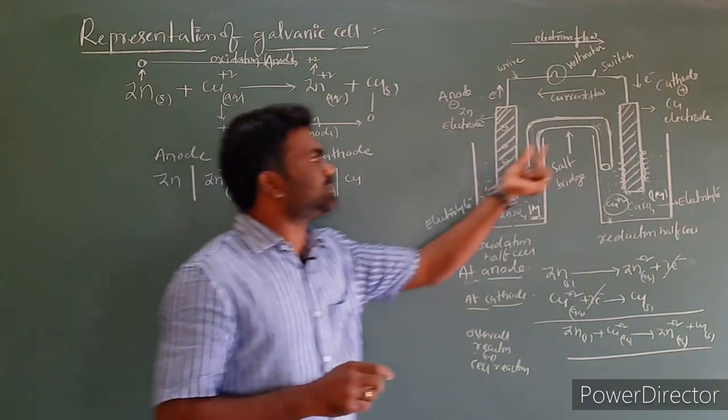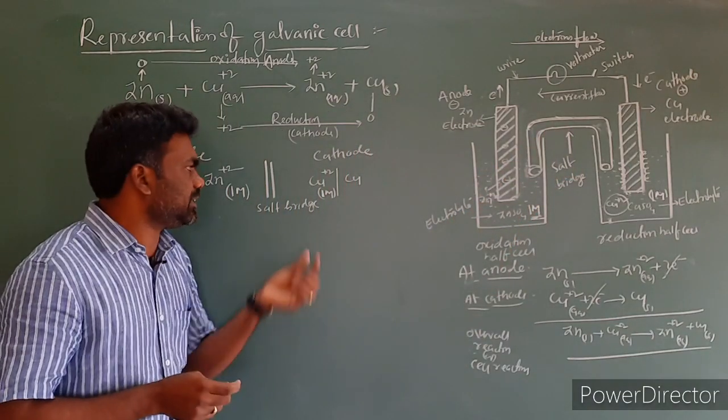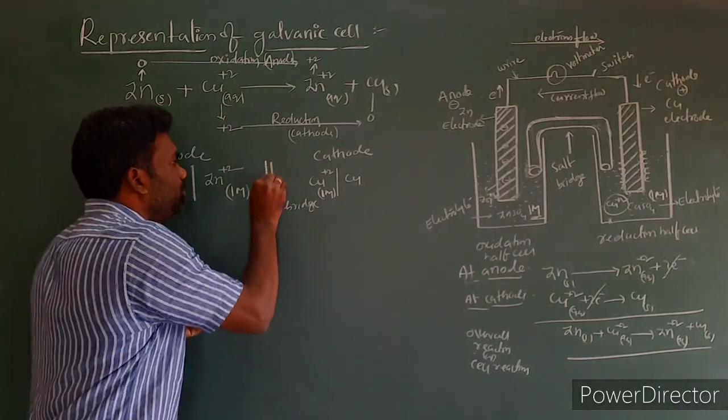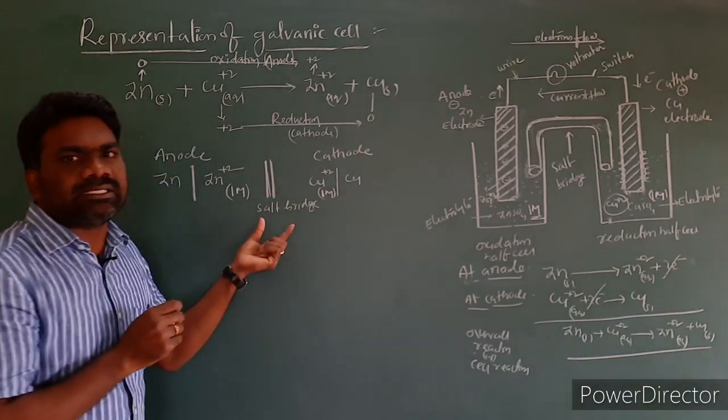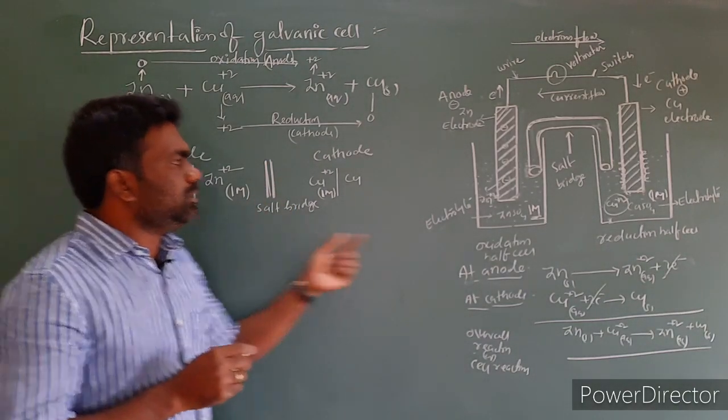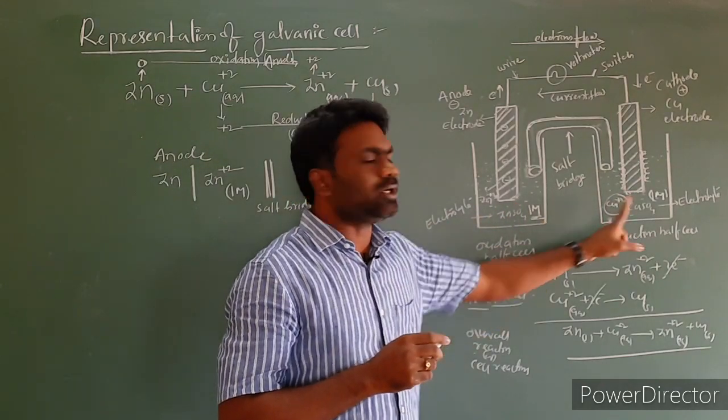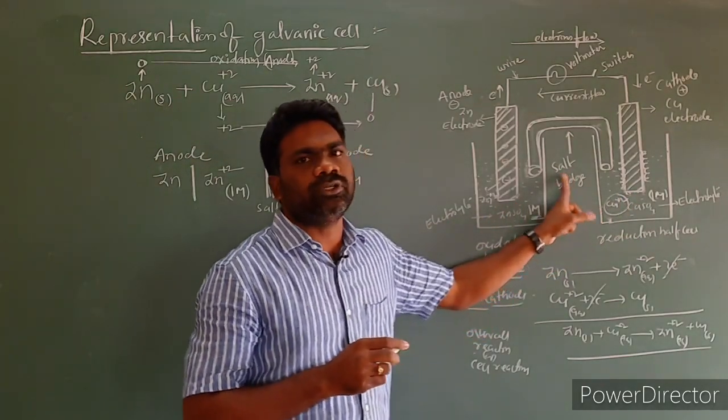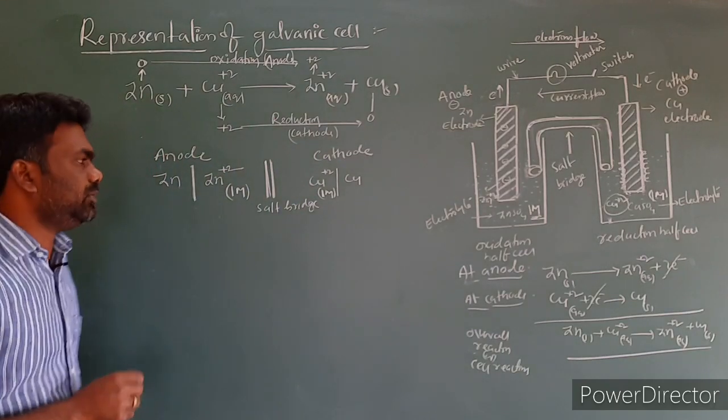And if two half cells are connected by a salt bridge, we put a double vertical line. This double vertical line indicates that the two half cells, that is the electrolytes, are connected by a salt bridge.